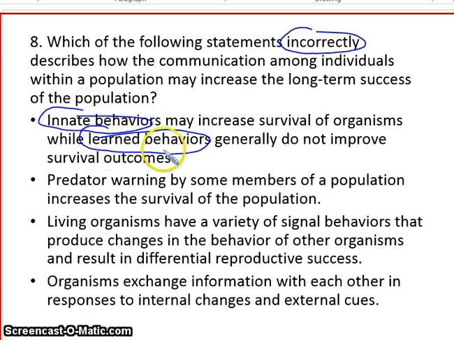But learned behavior, this is like a child learns not to touch a hot stove. And so a child learning not to touch a hot stove would probably be a great example of that child learning to survive. So this one, to say that learned behaviors do not improve survival outcomes, I say that's immediately, I don't have a whole lot of time, but I'm going to label that one as false. That one must be the one.